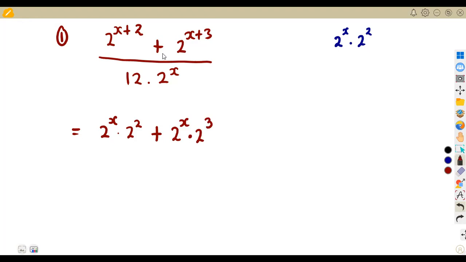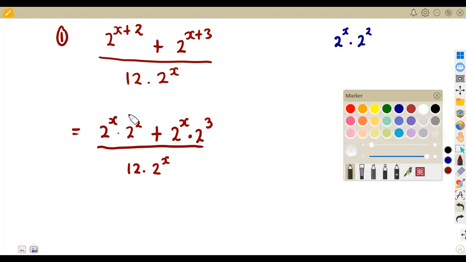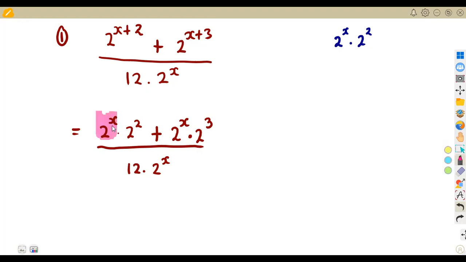I'm now breaking it down to where it was before. Here, there's nothing that I can do because I already have 2 to the exponent of x, so I'm just going to write it as it is. So what does it mean? If we check properly, there is a 2 to the exponent of x here, the same as the 2 to the exponent of x here, which is the same as this one.